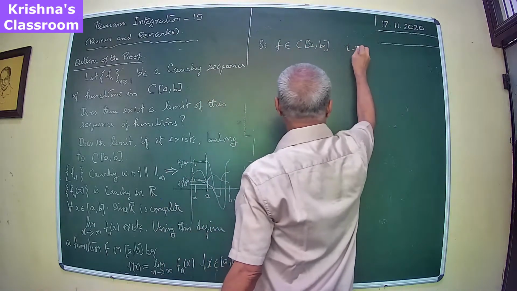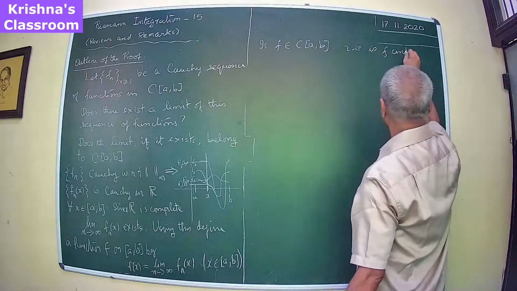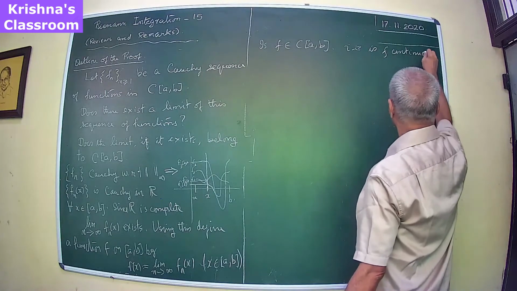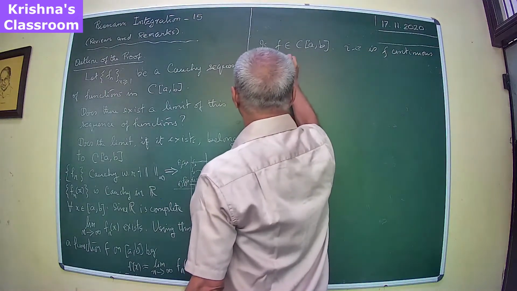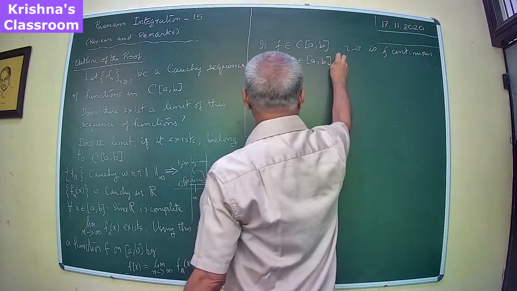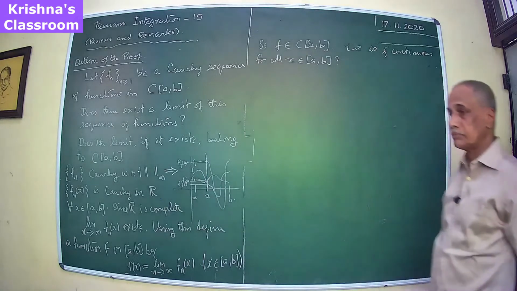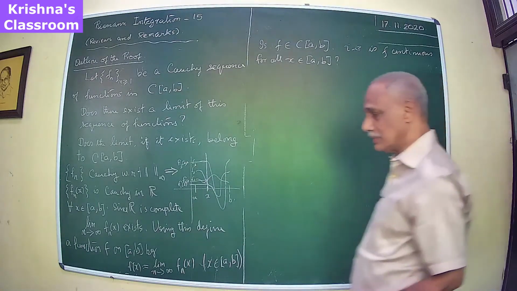That is f continuous for all x belonging to. This is the question that you ask. So what do you do? You just investigate this.